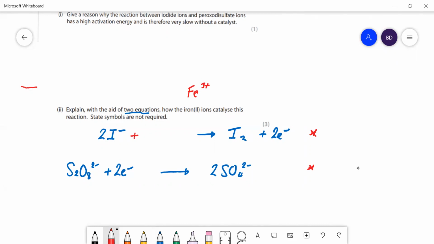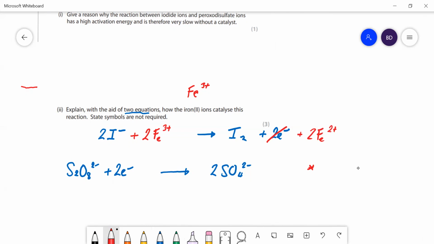So we're going to need 2 Fe³⁺, and they're going to get turned into Fe²⁺ ions. So we're going to cross that out. And the opposite happens here.